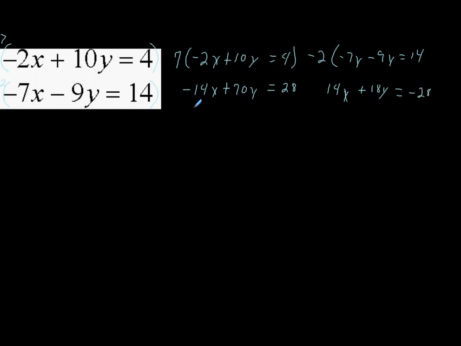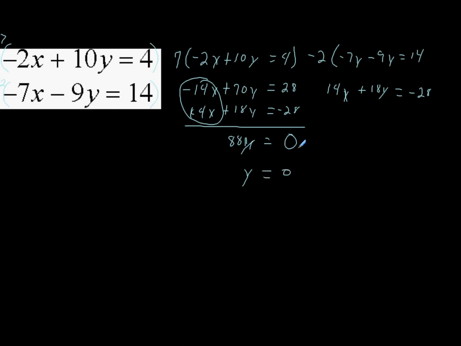Now let's bring these over. You have negative 14x plus 70y equals 28 and 14x plus 18y equals negative 28. Notice, negative 14, positive 14, my x's cancel. Add down, you get 88y equals 0. 28 and negative 28 makes a 0. So then y is going to equal 0 when you divide by 88.